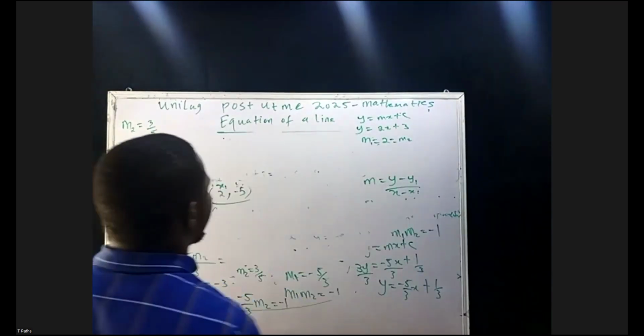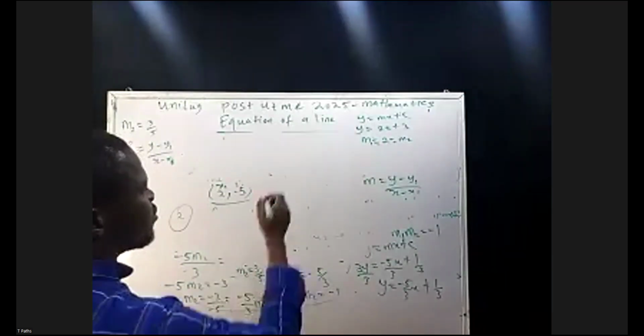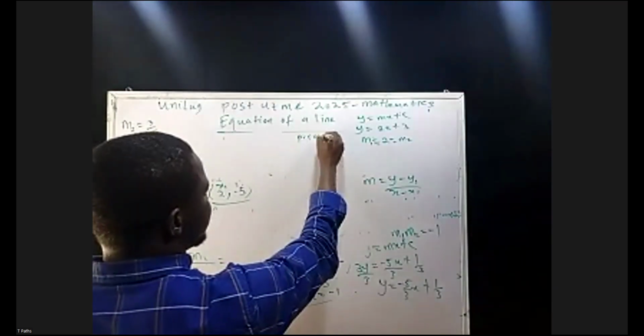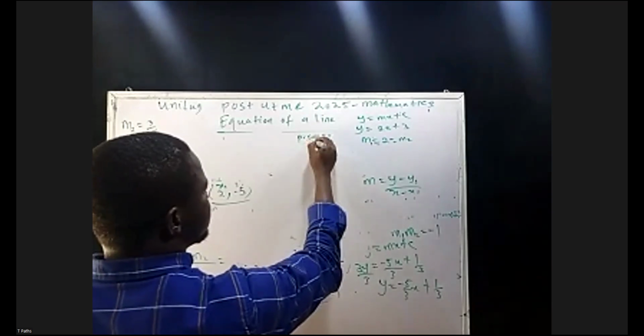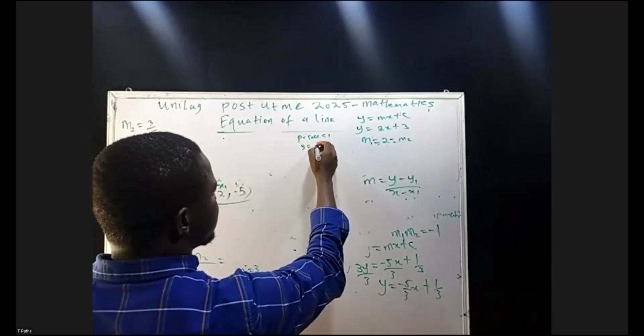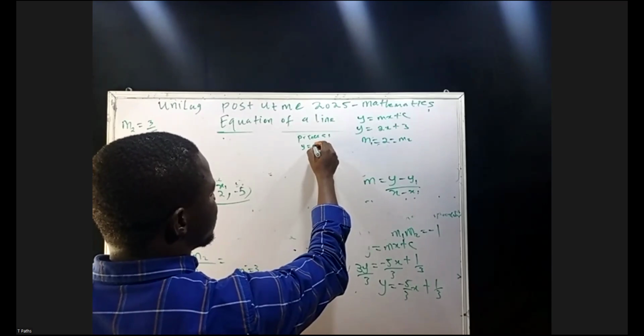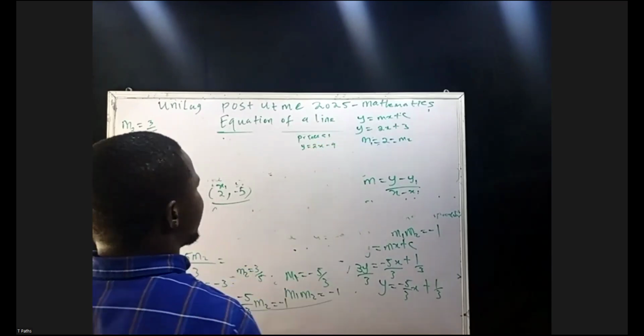Now, the first one, you said your answer is what? y equals what? 2x minus 9. And the other person? That's what I got, sir.